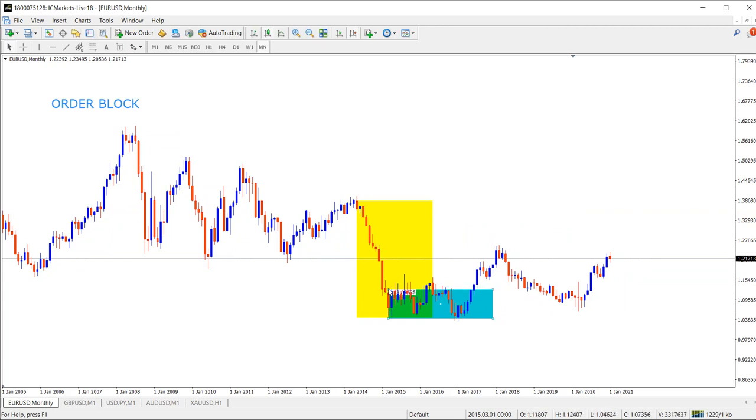No matter how the price moves, the price will come back and retrace to the same area. Looking at this candle, you see that price came back and respects that candle. It retraces, breaks this consolidation zone and comes back to respect that candle. Let me zoom out so that we can see it clearly.